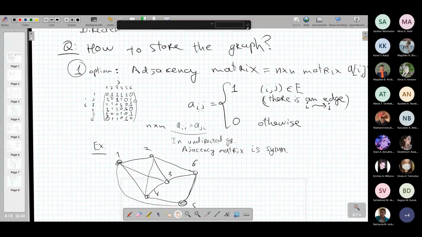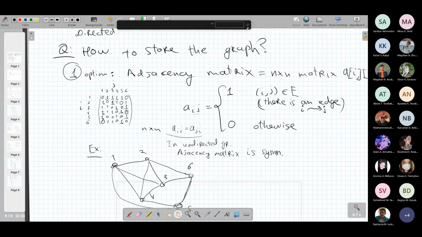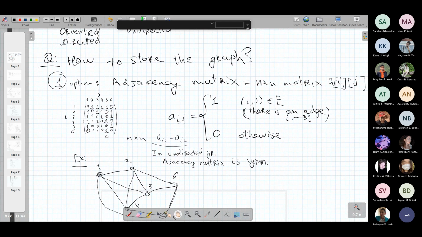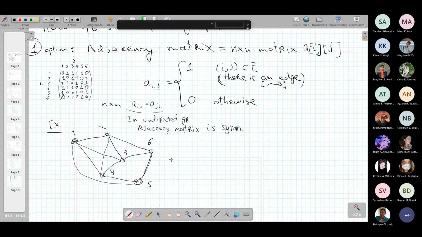The adjacency matrix is an important matrix, for example, in combinatorics and in mathematics. So this is a very suitable way of storing the graph, though not that compact. It requires big O of n square memory. Let's look at the pros and cons.